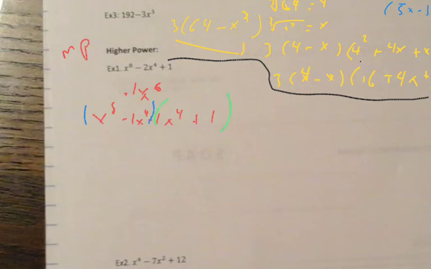Cut off the sign a little bit, but it'll be alright. So in the blue group, we have a GCF of x to the 4th. So we have x to the 4th minus 1. And in the green group, we have a factor of negative 1.